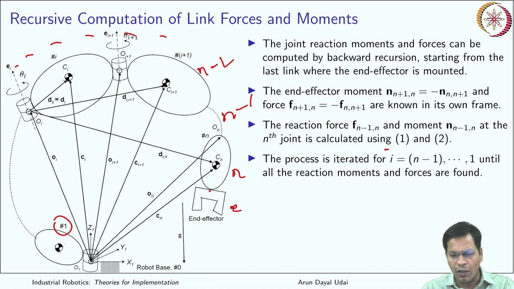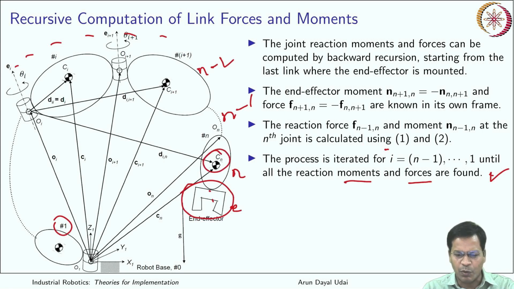Okay, until all the reaction moments and forces are found, is it not? So you have full information about this. Using this, and the mass moment is calculated from Cn location, and that is added over here. Finally you got everything over here.